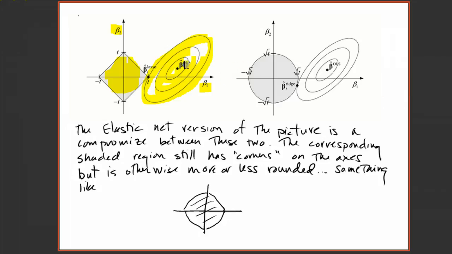So instead of getting to the bottom of this valley, or this depression, and using an ordinary least squares estimate of the betas, I get moved over here to this beta hat lasso. What's interesting about that is that by virtue of the fact that this region has sharp corners, that often means that the solution to this optimization problem lies on an axis.